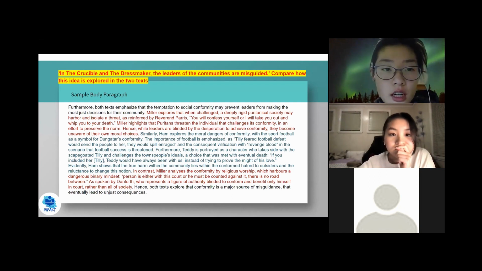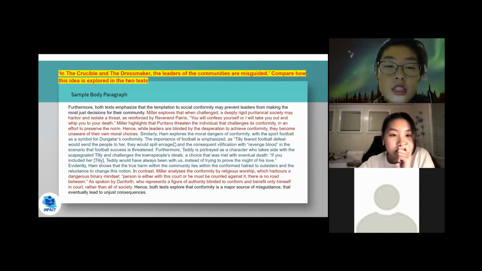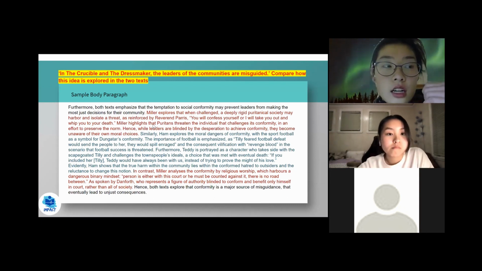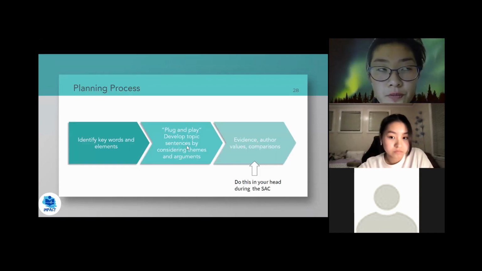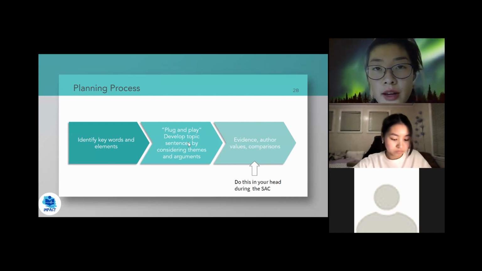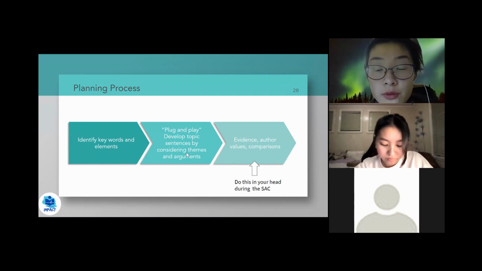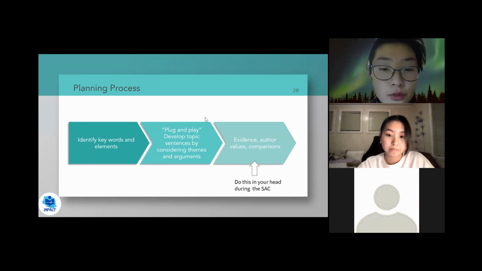I'm trying to draw that to the essay topic and develop an interpretation of the topic through that. So my first body paragraph is my first bit of interpretation of that essay topic, in consideration of the theme of social conformity.